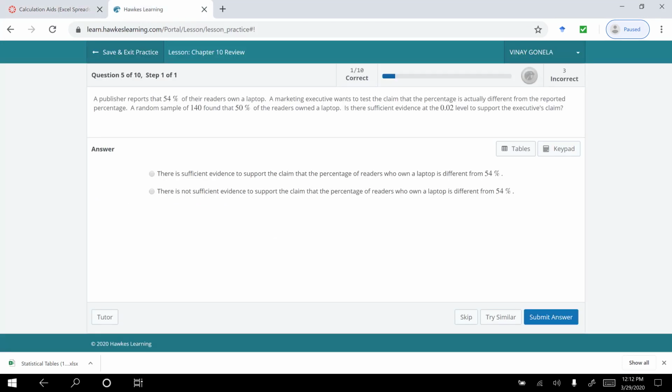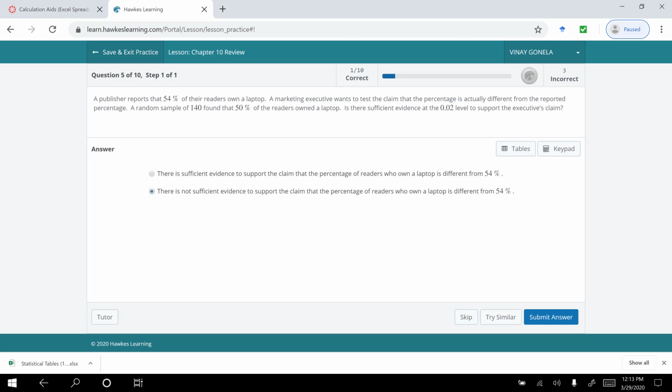They are saying there is sufficient evidence to support the claim that the percentage of readers who own a laptop is different from 54. No, it's equivalent to 54. So there is not sufficient evidence to support the claim that the percentage of readers who own a laptop is different from 54.